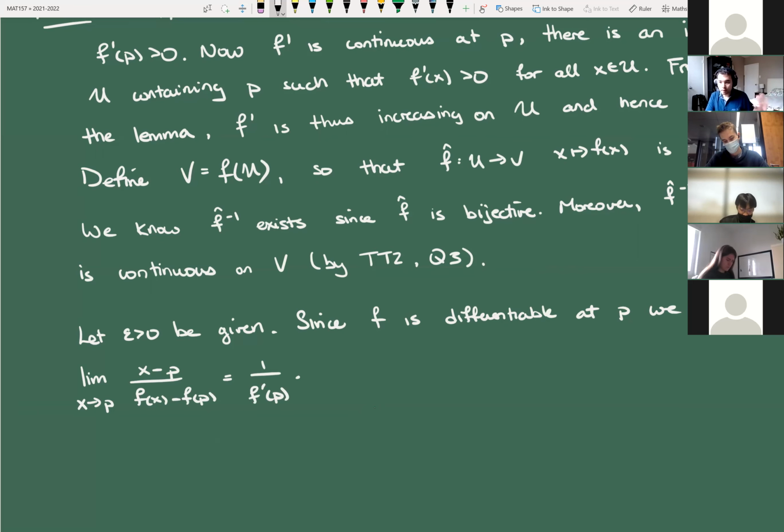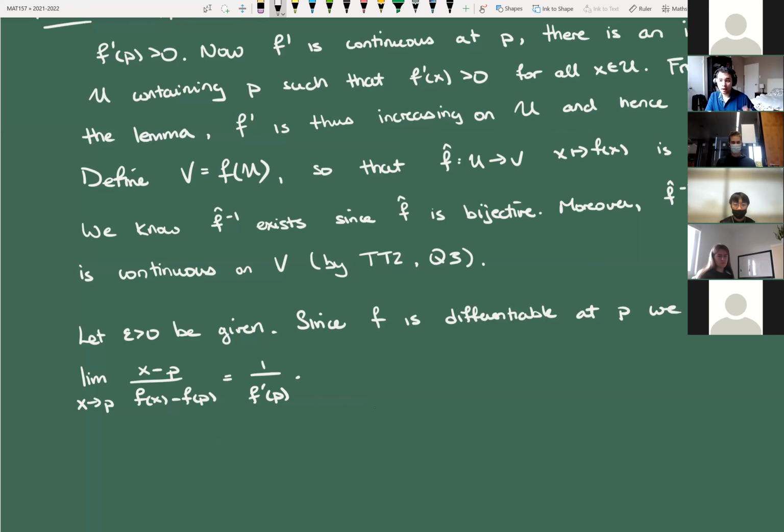But let's make sure that everyone is okay with what I've written down here. What you'll notice is that the thing on the left-hand side is 1 over the, if I were to write down the definition of the derivative, normally it would be f of x minus f of P in the numerator divided by x minus P. And so it looks like I've taken the reciprocal of everything, right? And that's exactly what I've done. That's why I have 1 over f prime of P on the right-hand side.